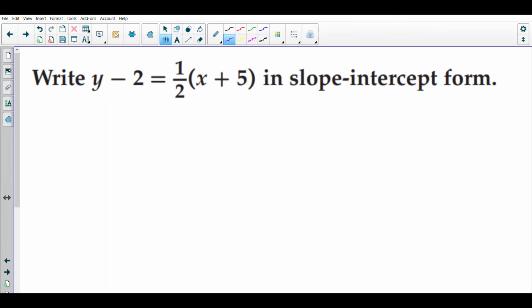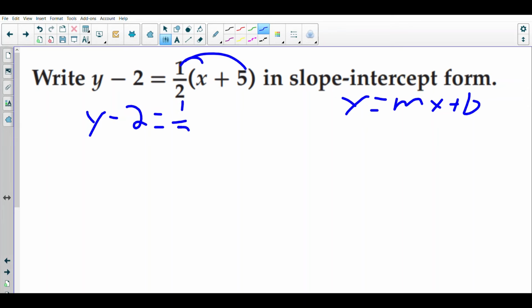So write y minus 2 equals 1/2 times x plus 5 in slope-intercept form. So this one, we just need y equals mx plus b. So I'm going to distribute. So we get y minus 2 equals 1/2 x plus 5 over 2.